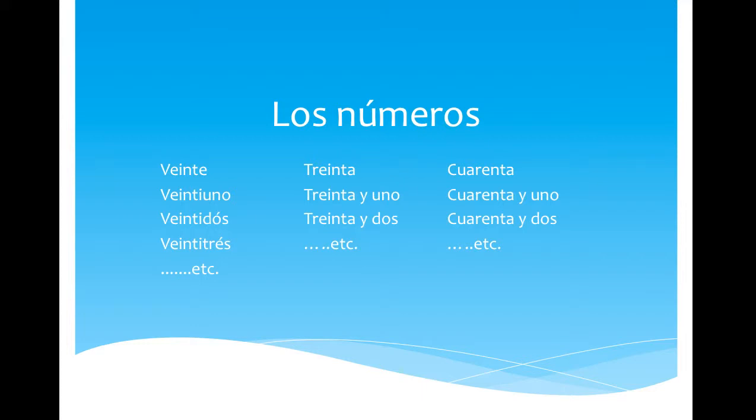Los números on page 14, en la página 14, we see a description of the construction of Spanish numbers from 0 to 99. So let me give you a quick idea of the correct pronunciation from 0 to 20. And then once we get to 20, we'll discuss very briefly how we create numbers from 20 on up to 99.